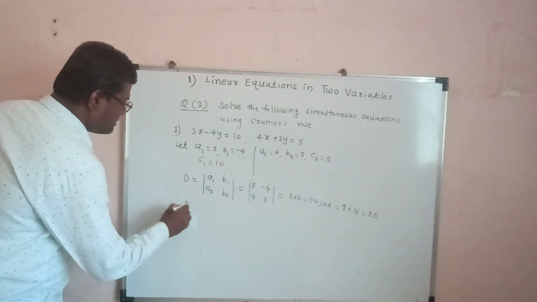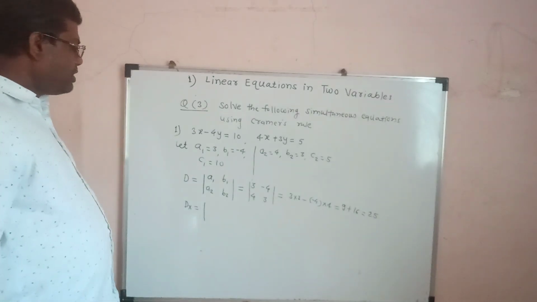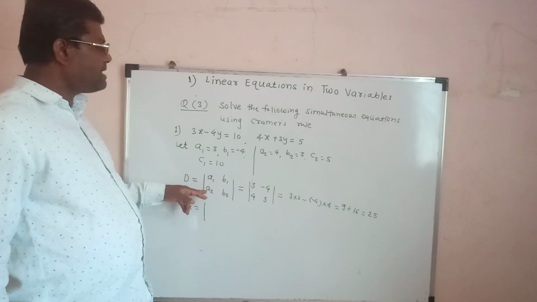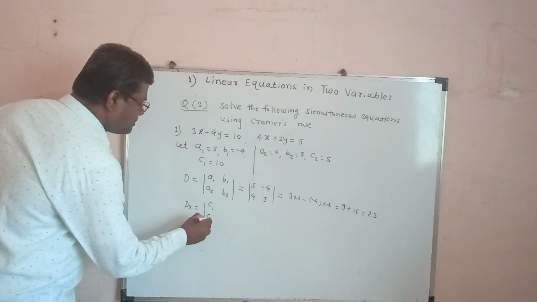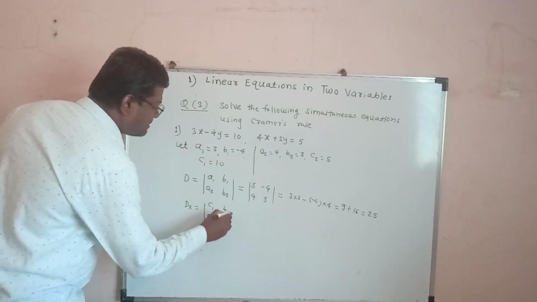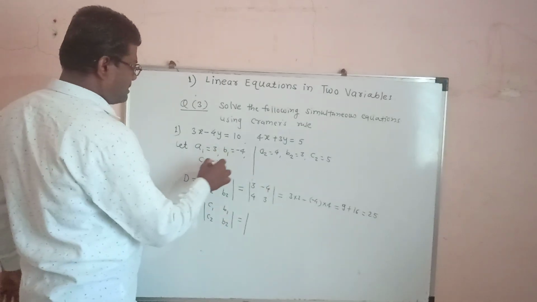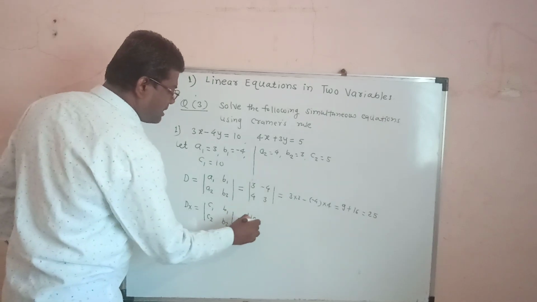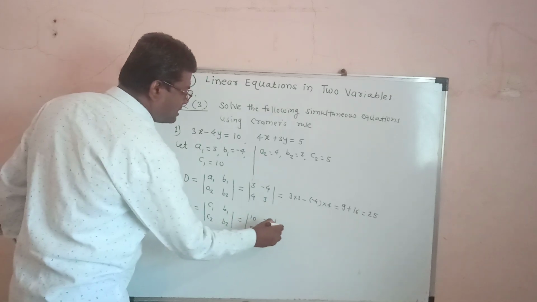Now let us find Dx. While finding the determinant Dx, we replace a1, a2 by c1, c2. So here we write c1, c2 instead of a1, a2. The second column is as it is, b1, b2. C1 is 10 and c2 is 5, and b1 is minus 4, b2 is 3.